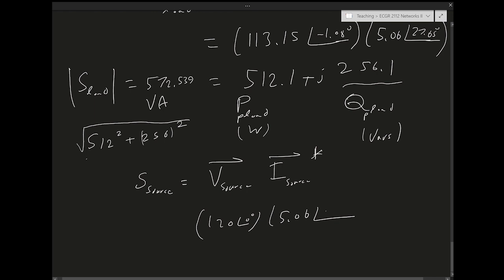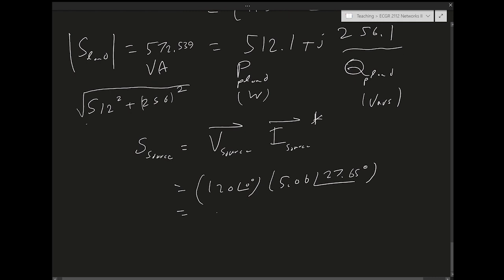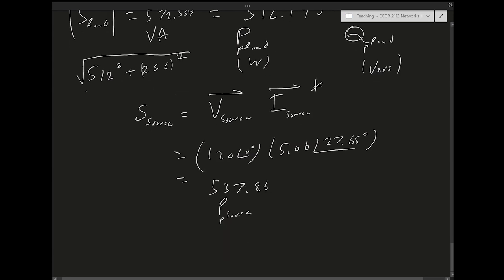Because it's conjugate, we have positive angle 27.65 degrees. And when we calculate this, we get 537.86. This is the P source per phase in watts, plus J281.78. This is the Q per phase for the source. So this is in VARs.